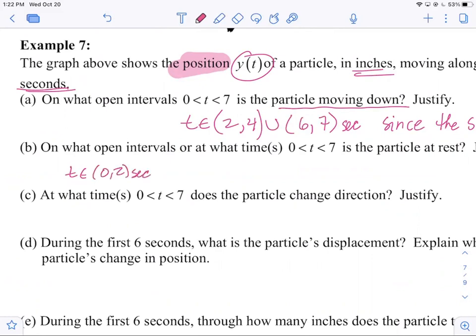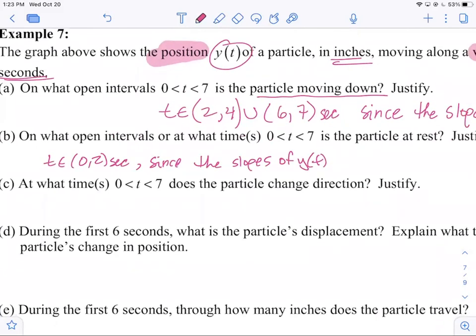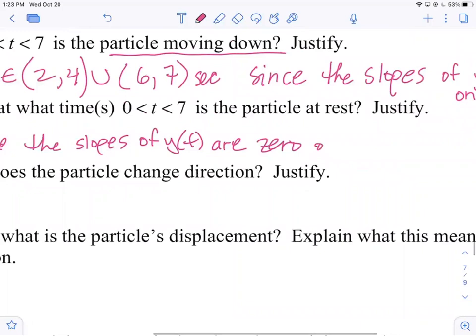And again, it said open intervals. And then you could say since the slopes of y of t, you could say since the slopes of the graph of y of t, but that's just more writing. Since the slopes of y of t equal 0 on this interval.